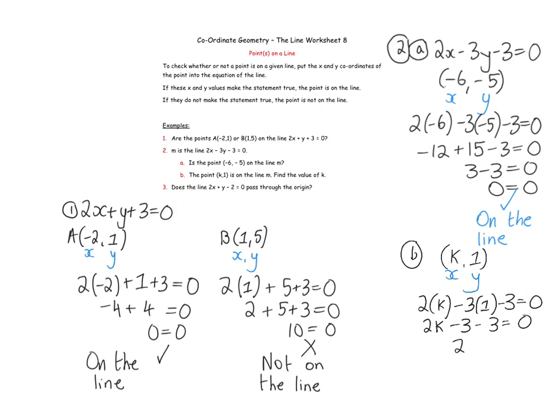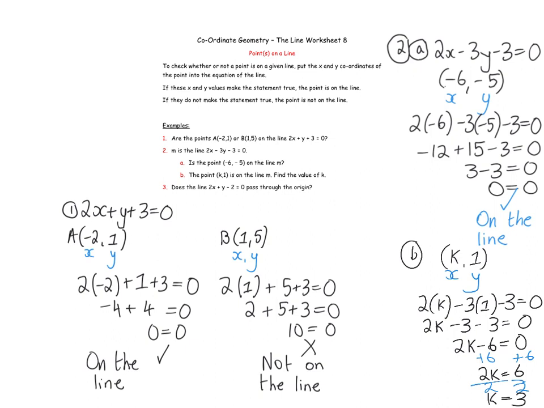So we're going to get 2k - 6 = 0. Plus 6 to both sides, this will become 2k = 6. Divide both sides by 2, and we get that k is equal to 3. And that's the answer for k.